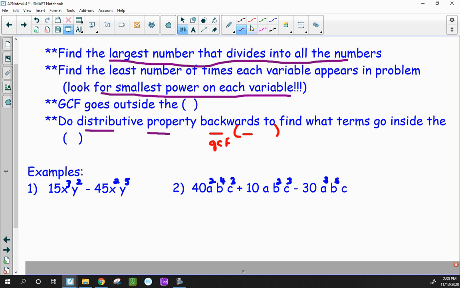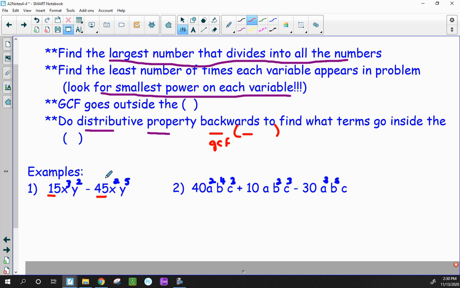We're going to look at the coefficients right now, 15 and 45. Our goal is to find the largest number that divides into those numbers. What I like to do in this case is look at the larger number and think about all the numbers that divide into 45. 1 times 45, 3 times 15, 5 times 9, and there's nothing between 5 and 9 that will divide into 45.